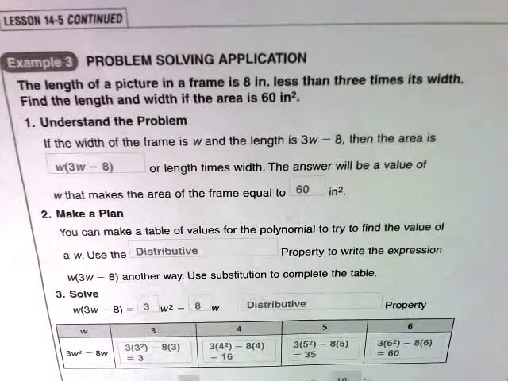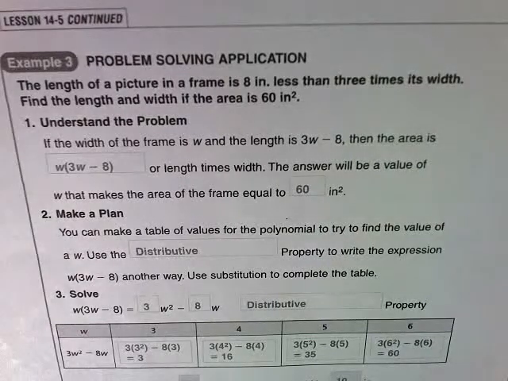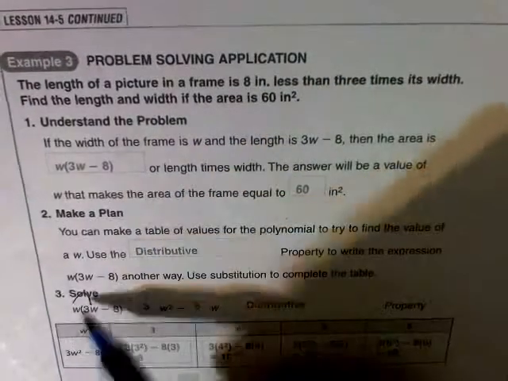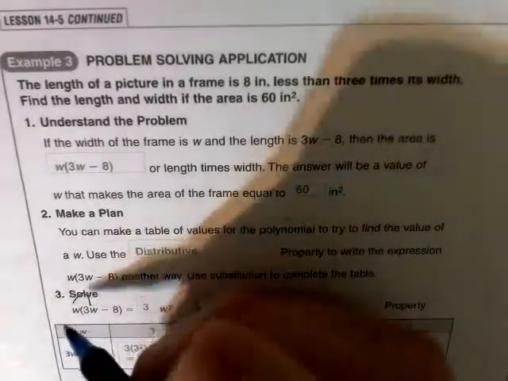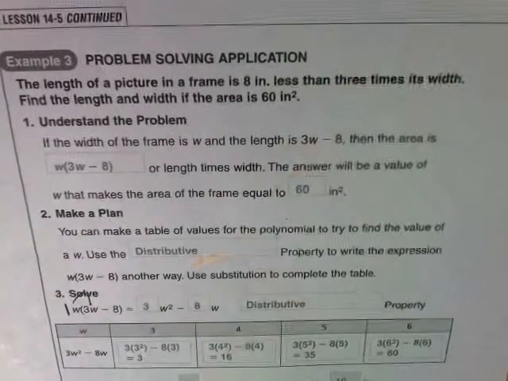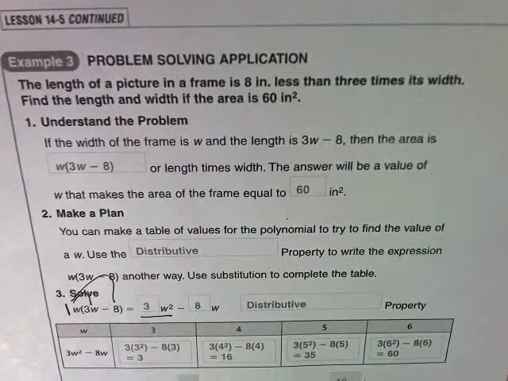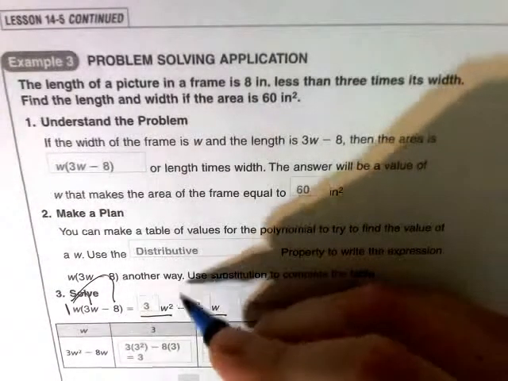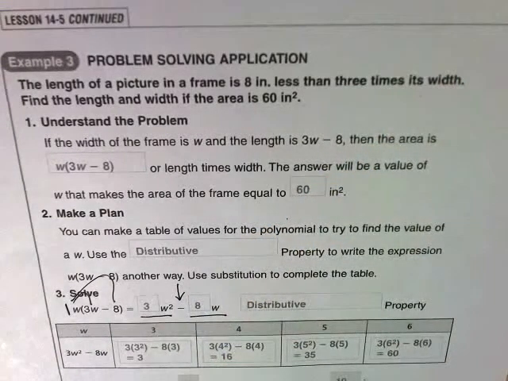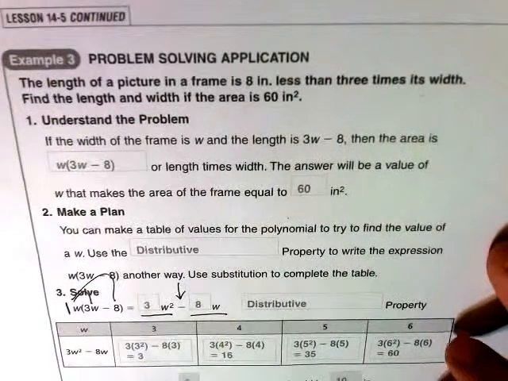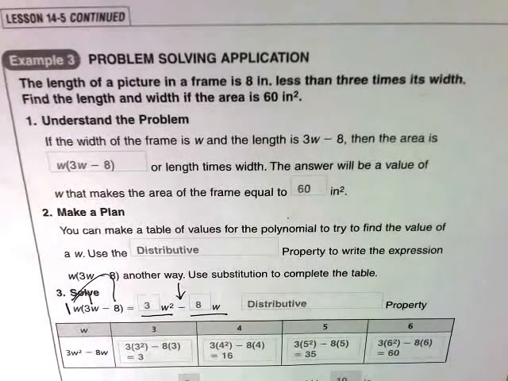We're taking the length, 3 times W minus 8, and multiplying it by the width, which we've called W. So when I take W and multiply it by 3 times W minus 8, with the distributive property, that's going to give me 3W squared, 3 times what would be in effect a coefficient of 1 is still going to give me 3, and WW is going to give me W squared. And then I'm going to multiply the W through. 8 times W is going to give me 8W, and as you can see, we've got subtraction in the middle there. Alright, so 3W squared minus 8W gives me a polynomial expression equal to the area of the picture frame.